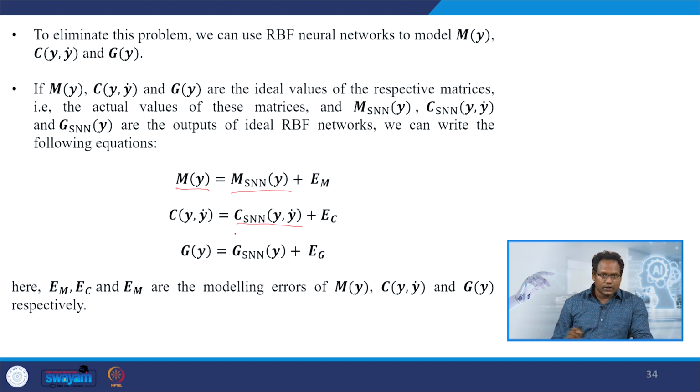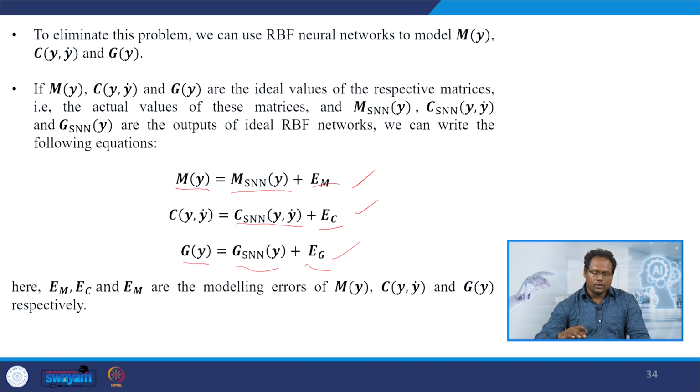Similarly, C of y comma y dot is equal to C_SNN of y comma y dot plus E_C. Similarly, G of y is equal to G associated with the ideal radial basis function plus E_G. So, E_M, E_G and E_C are the modeling errors of M of y, C of y comma y dot and G of y.